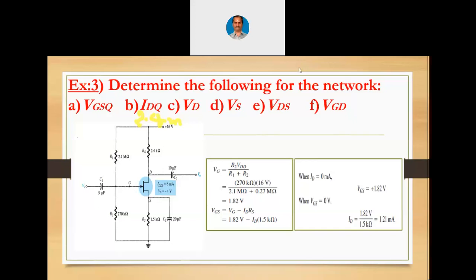Okay, let us verify later. One answer: VD is 10.24 volts. One answer: VS is 3.6 volts. What about VDS and VGD?